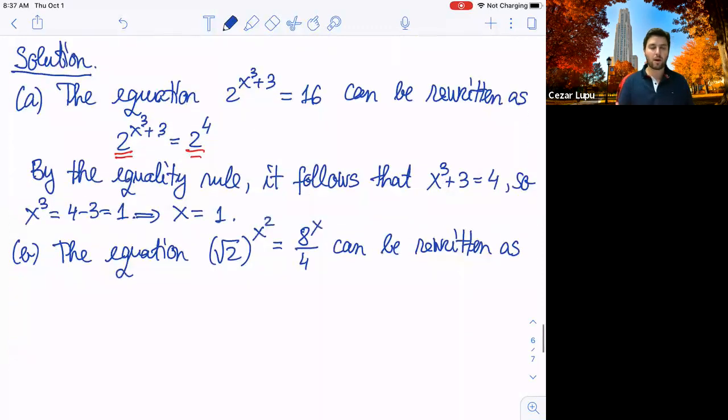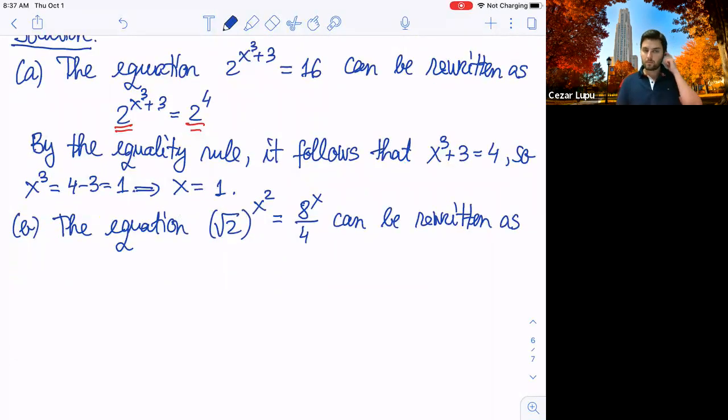How can we rewrite this? Well, square root of 2 is 2 to 1/2, so we can write this in the following way: 2 to the power 1/2, everything to x squared equals 8 to the power x over 4.